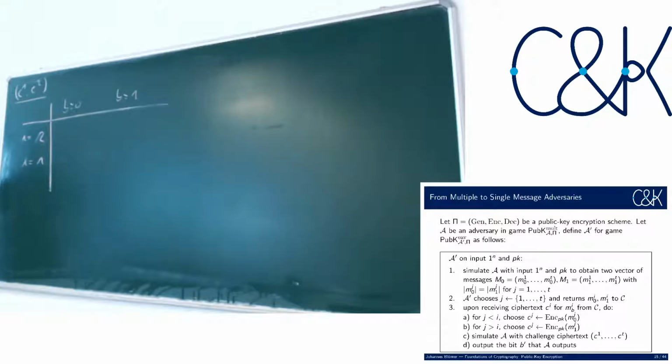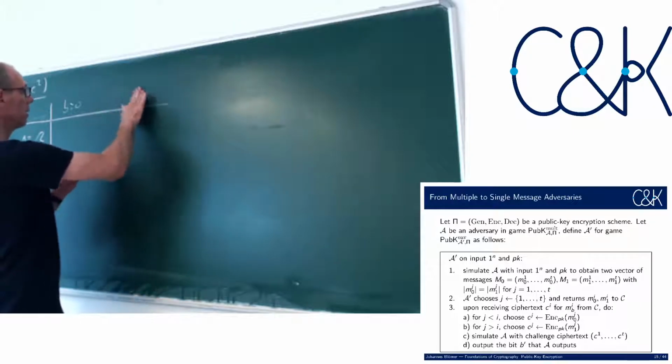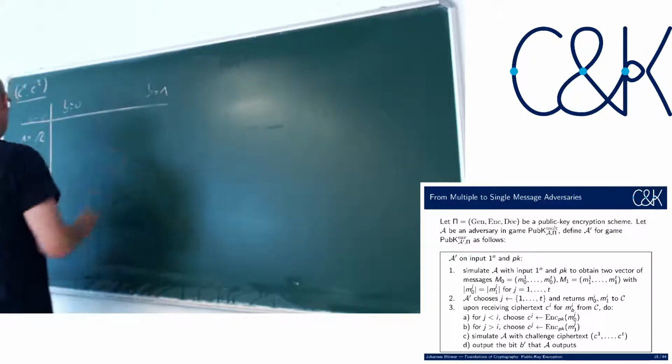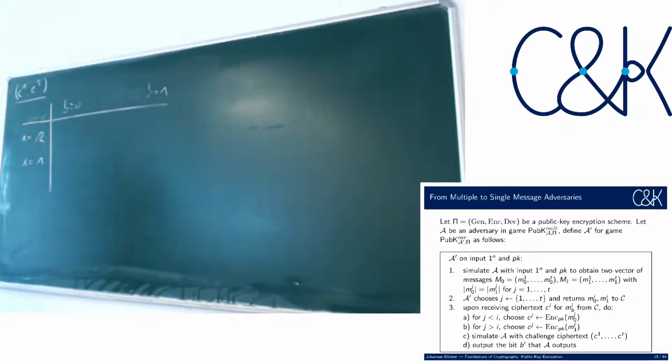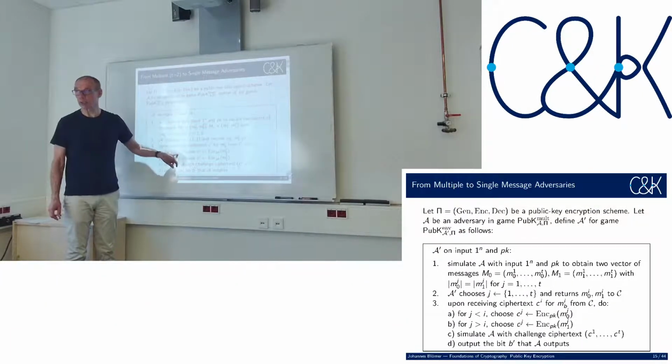So when i is 2, and b is 0, the thing that I pick here is M02, right? And there is an index j that is less than 2, namely 1.